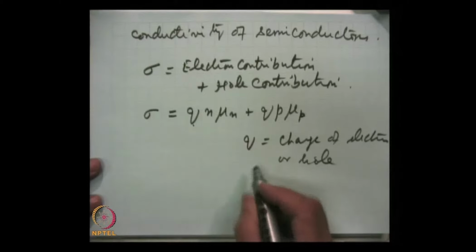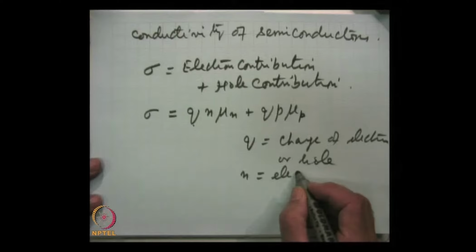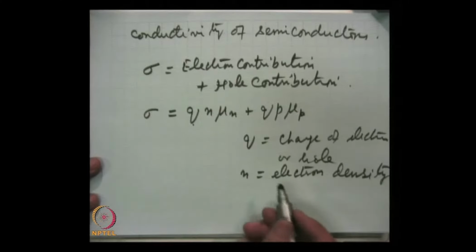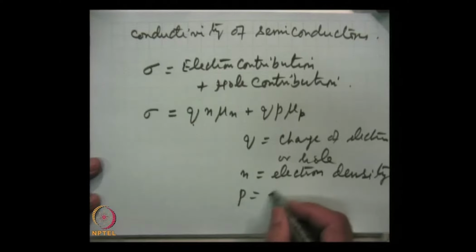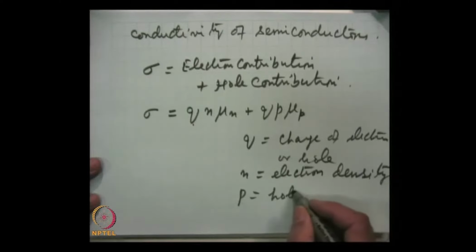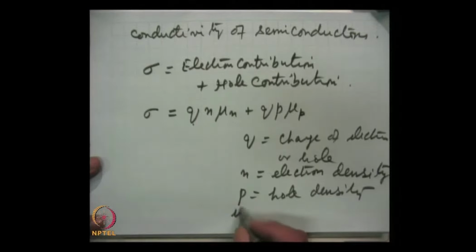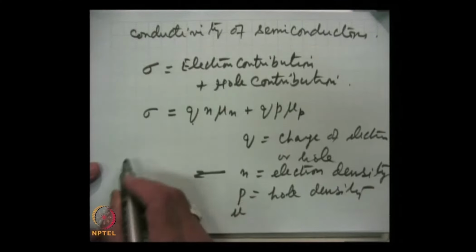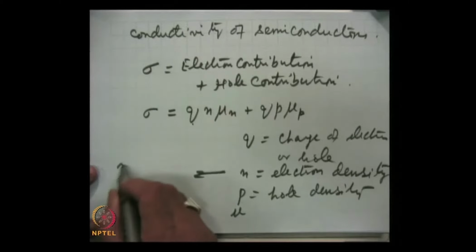and n is electron concentration or electron density, one and the same thing, and p is the hole density. These are expressed in number of electrons, for example, per cubic centimeter.